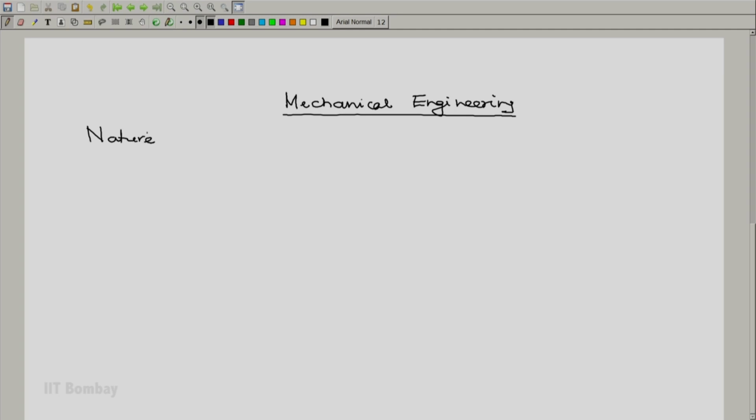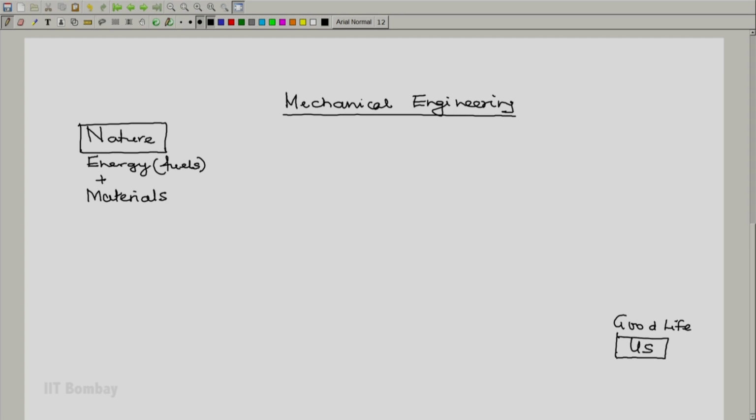Again, we begin on one side with nature, and here the resources that we are going to look at are energy resources, quite often known as fuels, plus materials which are available in nature. On the other side is of course a good and comfortable life for us. Now mechanical engineering essentially does use the resources of nature to provide us a good life, but it does it through what we generally call machines. The machines we look at are of various kinds.